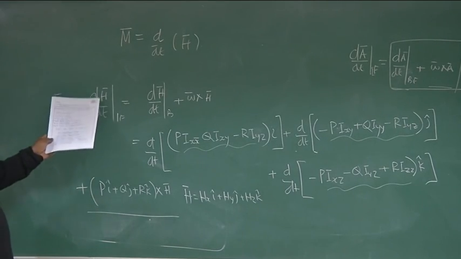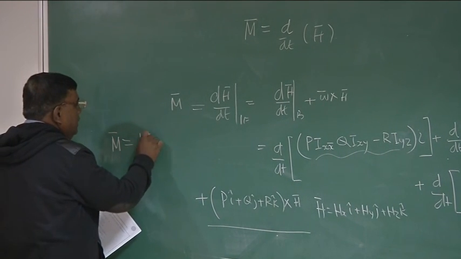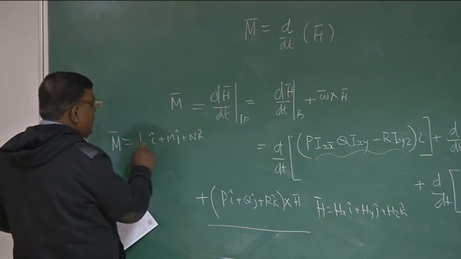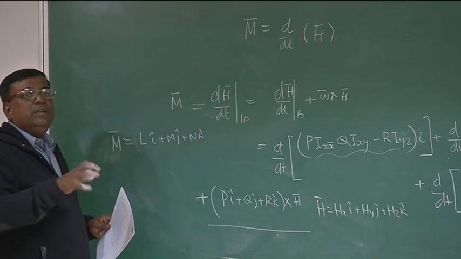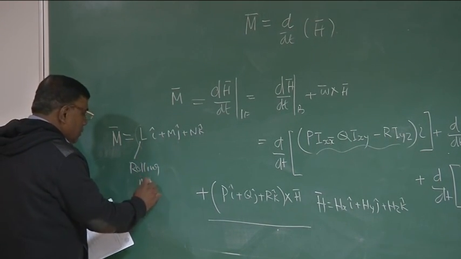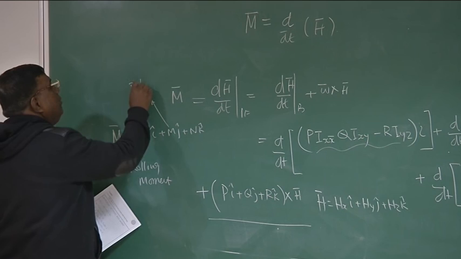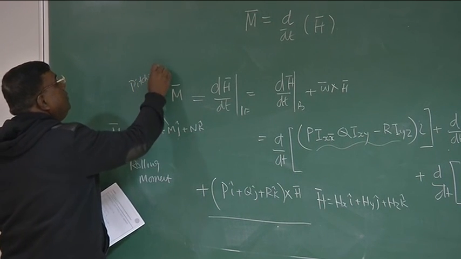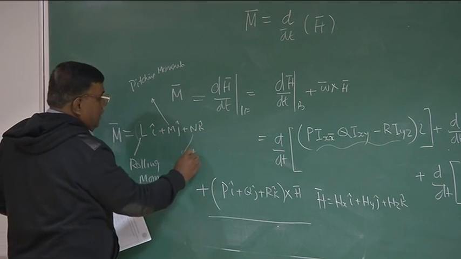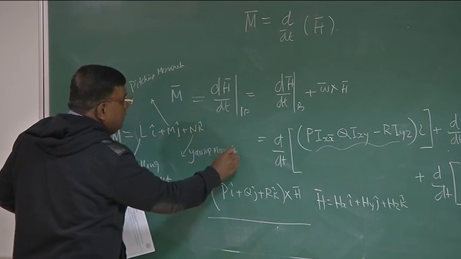That is causing the rate of change of angular momentum. And this M has 3 components: Li plus Mj plus Nk. What is L? L is about the x-axis, that is the rolling moment. We'll go into detail about it, but at present you know this. M is the pitching moment about the y-axis, that is the j bar here, and N is the yawing moment, which is about the z-axis.